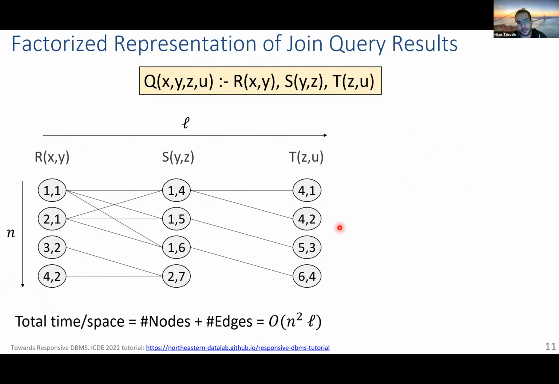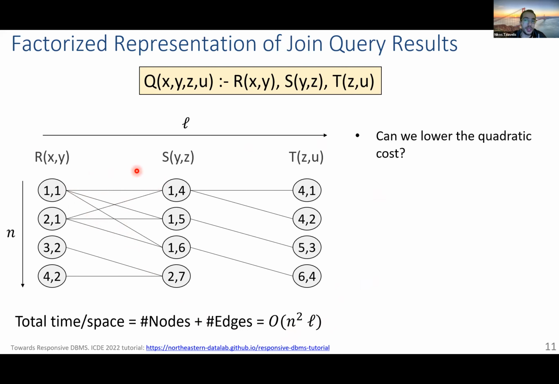But now, if you look closely at this, you will realize that if we have n tuples per relation and L relations, the size of this representation can be quadratic in n, it's n squared times L, because we can have very dense patterns here between 2 relations.